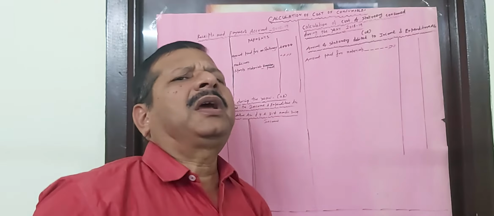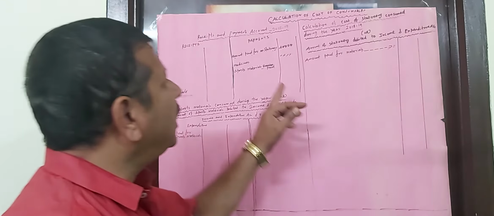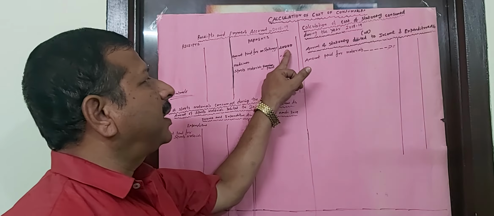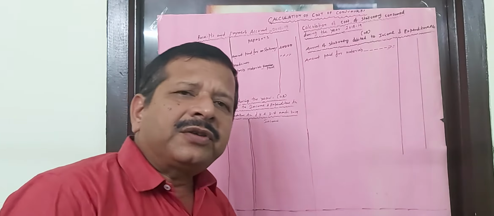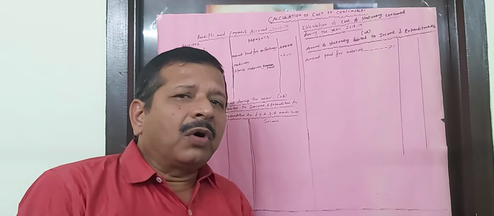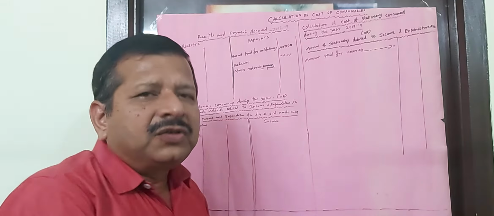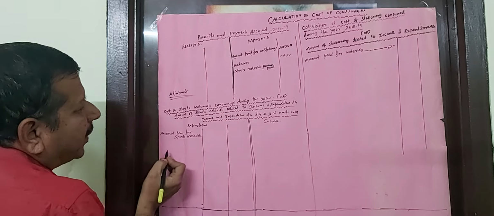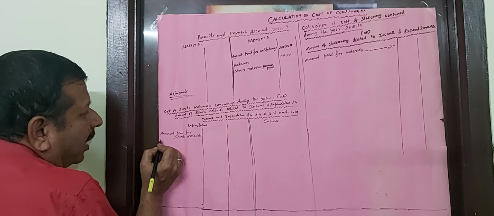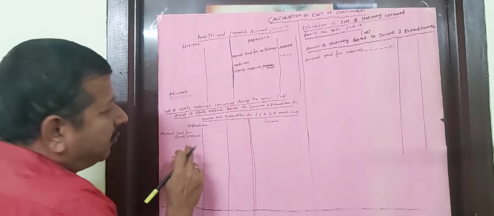Let us take an example where there is no adjustment at all. Only the amount paid for stationery is given, 40,000. In that situation, there is no other way. All 40,000 has been consumed during the year. That will come into the expenditure side. The expenditure for stationery will be recorded here.